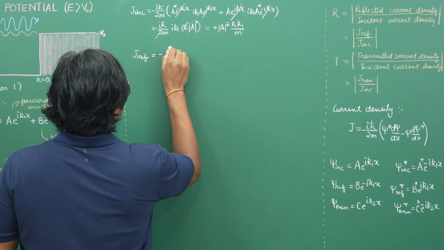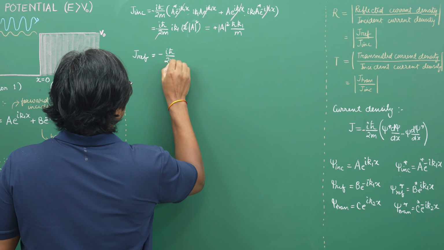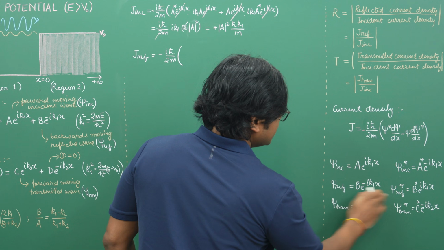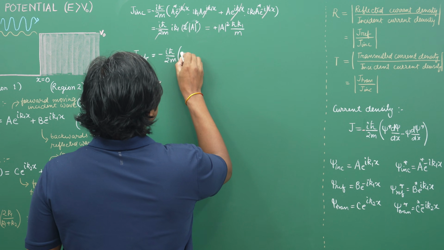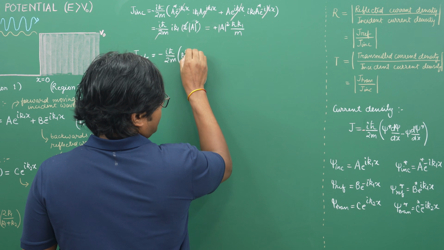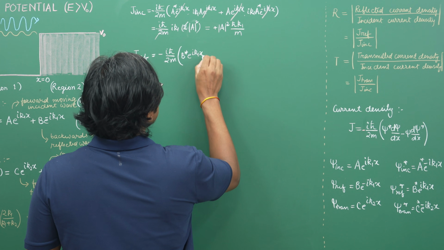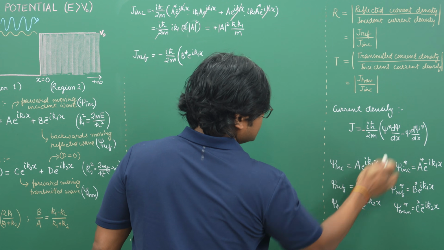Again, minus iota h cross upon 2m. So for the reflected wave, I have psi star first. So b star and then e to the power iota k1x, and then I have d psi upon dx.